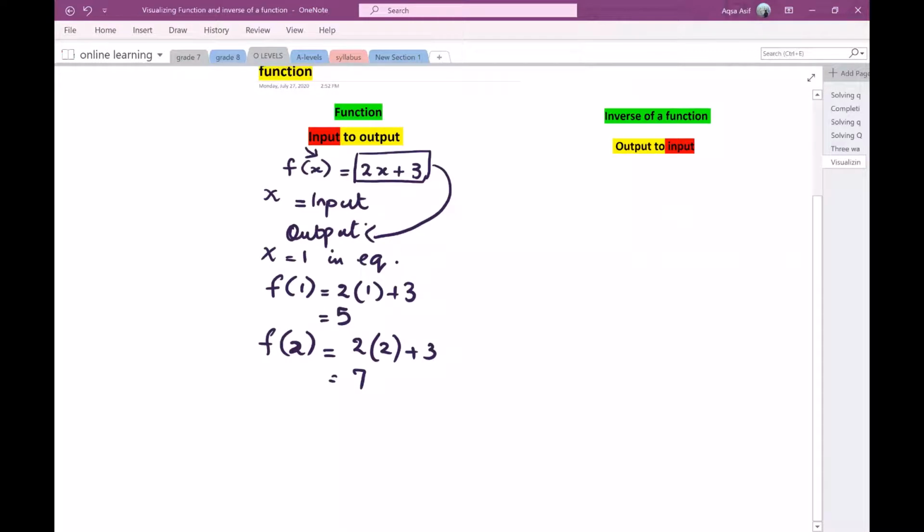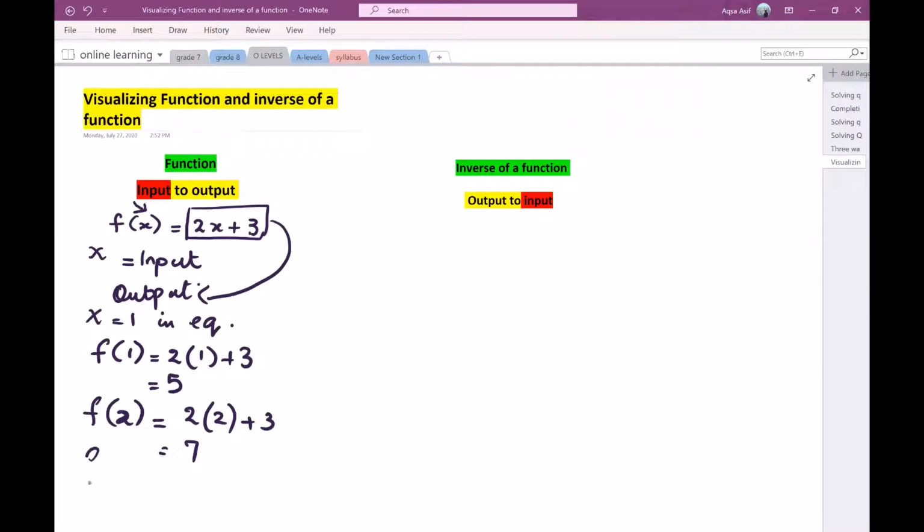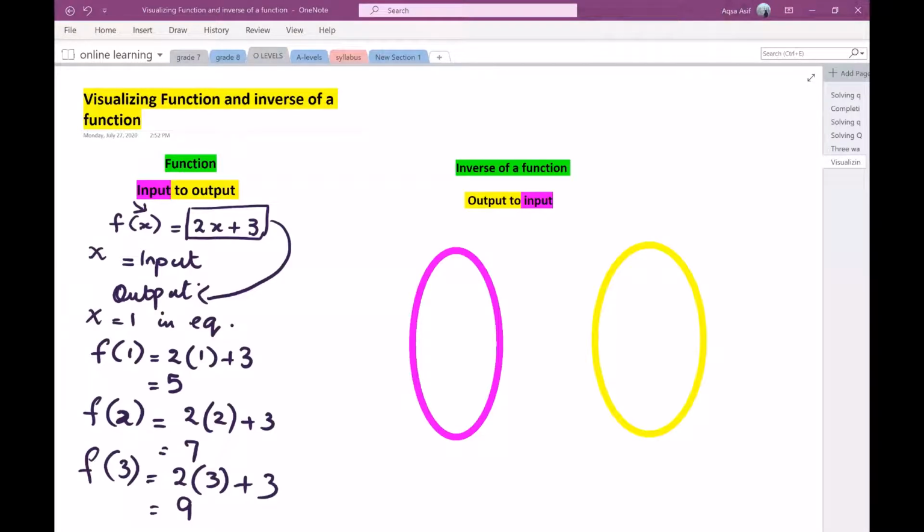Likewise, if I put x is equal to 3, what do I get as an output? 9.